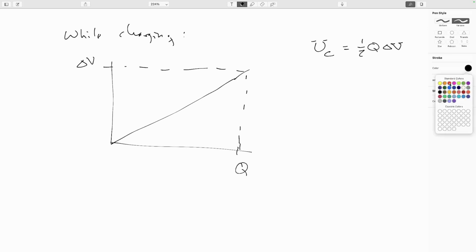If you want to be more fussy about it, then what you wind up doing is saying, well, if I think about moving a small amount of charge, we'll call it little q like this. So we'll say that was some small amount of charge, little q. The work I would have had to do to move that would have been little q times whatever the voltage is as a function of the charge on there.